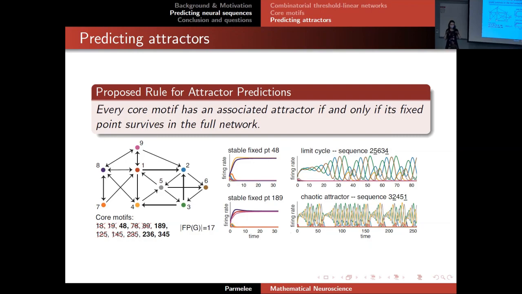There are some where the basins of attraction are butted up against each other, so it falls into the wrong one, and you have to go really small around your fixed point. But it's all about the survival of that core motif. If it survives in the network based on our graph rules, then we expect to see an attractor, and we know what it's going to look like based on what the core motif does. That graph is a 2-clique, so it's going to be a stable fixed point. This one was a 3-cycle, so it's going to be a 3-cycle with some peripheral nodes doing stuff.